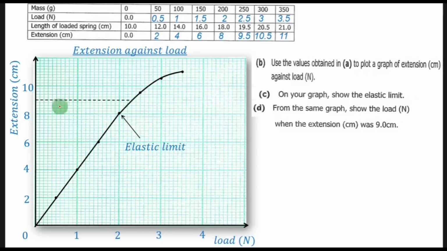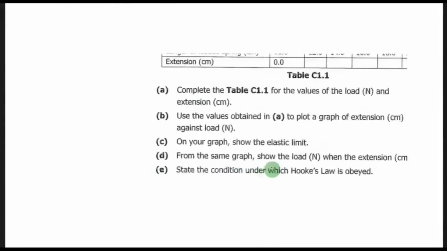When you move from 9.0, then you reach the line, you drop down here, you find that the load would have been 2.1, 2.2, 2.3. So it will be 2.3 there. So you say load is equal to 2.3 newtons. Then you go back.